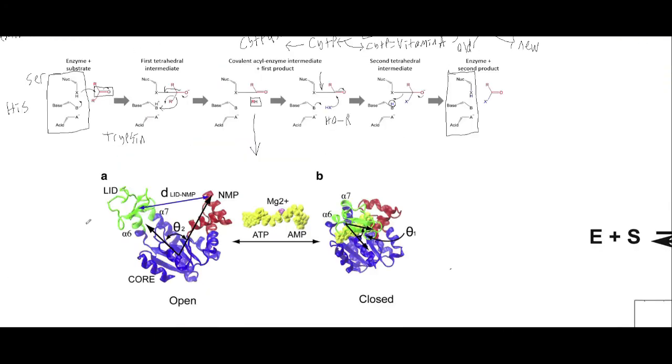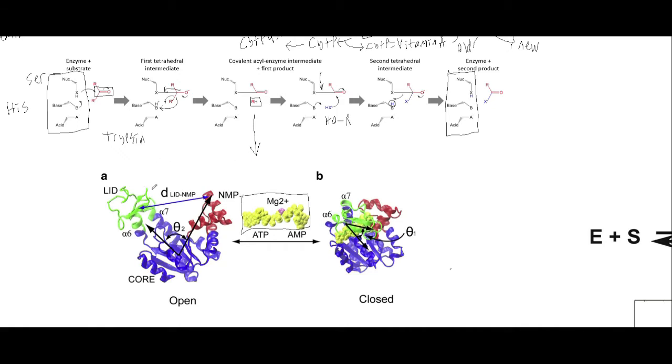Down here, I just have, I thought this is a cool image, and it's from a paper. The link to it should be in the description, and it's just an enzyme that has this large conformational change when this substrate binds to it.